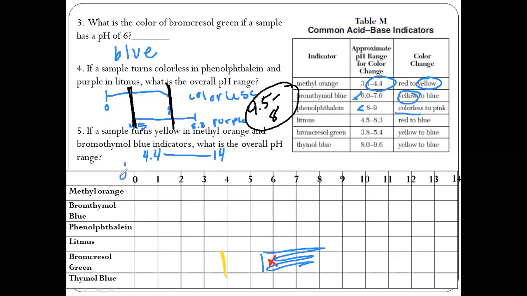So from 0 to 6 would be yellow. To find the overall pH is where do they overlap? They overlap in this small range between 4.4 and 6. Basically, you find the two middle numbers if you draw your number line.